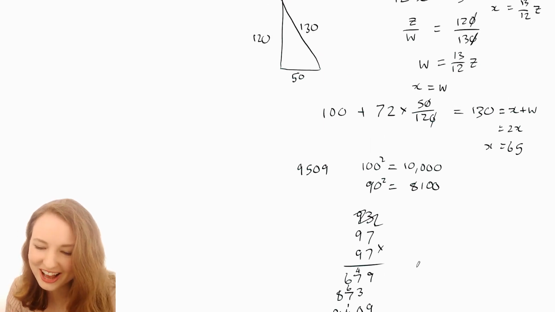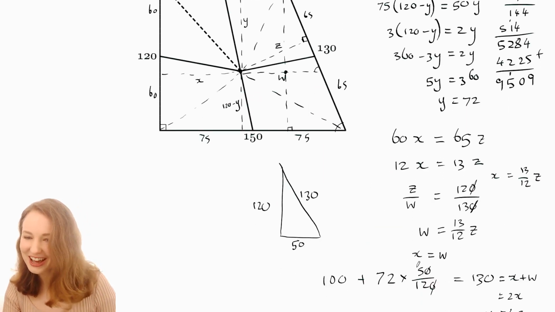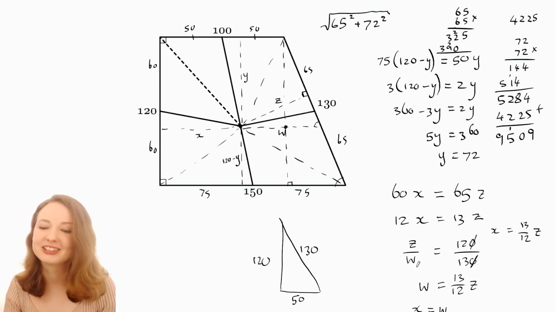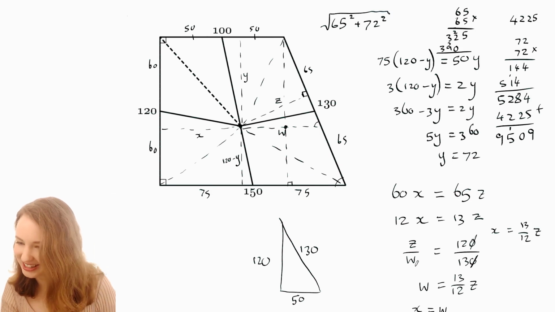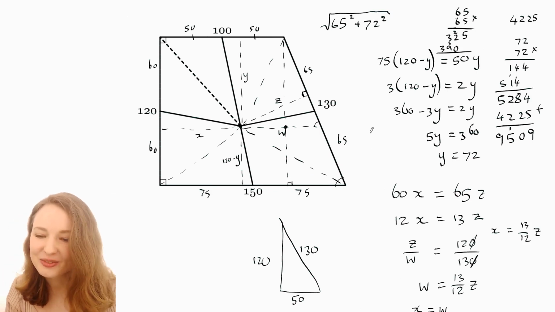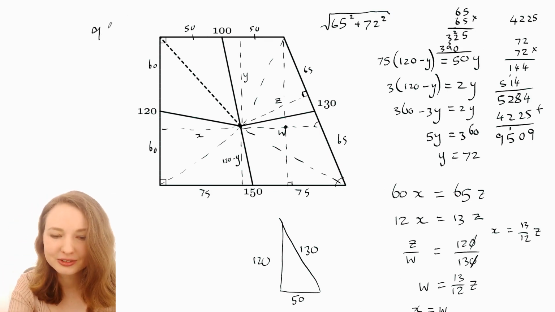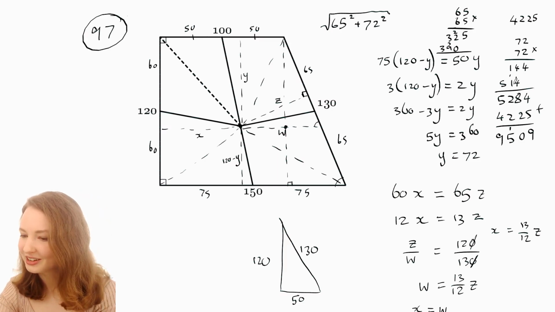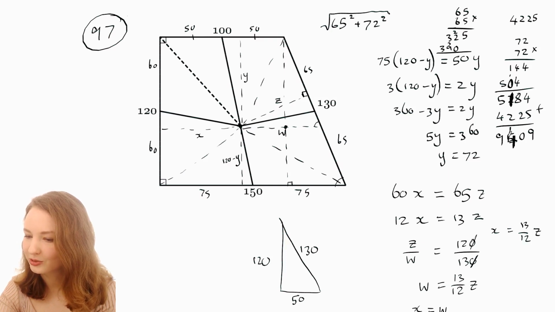I'm sure it works out. I tried this out before. Anyway, it does work. I did test this out before. I've just made a small mistake somewhere, I suspect. So the answer is 97 for this one. Alright, I see what I've done. That should have been a 0. And then that's just 4 there.